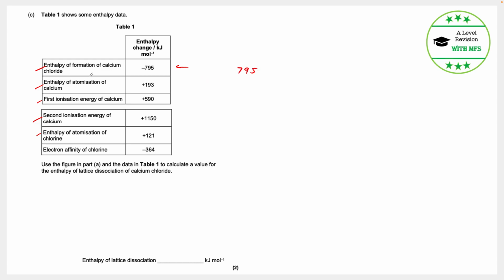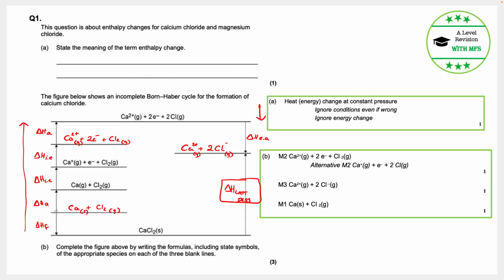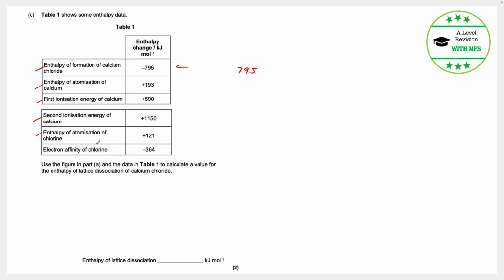Next stage is the atomization of calcium. The enthalpy of atomization of calcium is 193, so we're going to add 193.